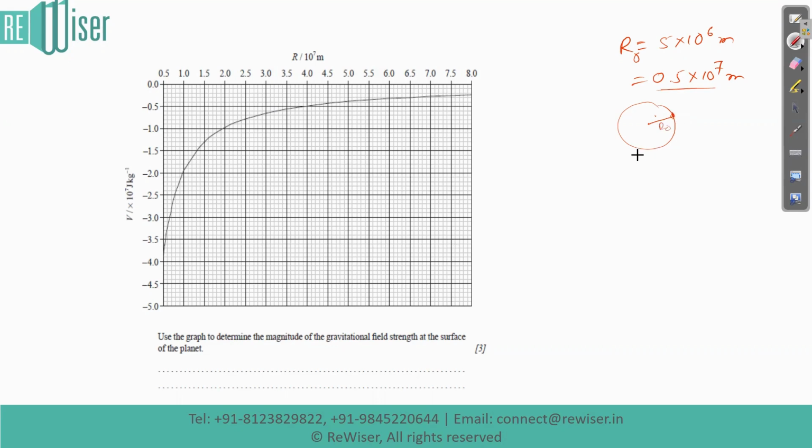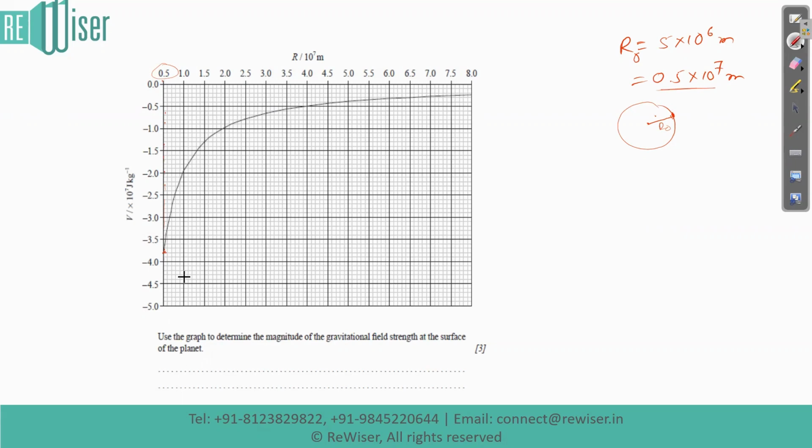It is nothing but the surface you are going to find. Now this is the surface. As you can see, V0 here is around minus 3.8.